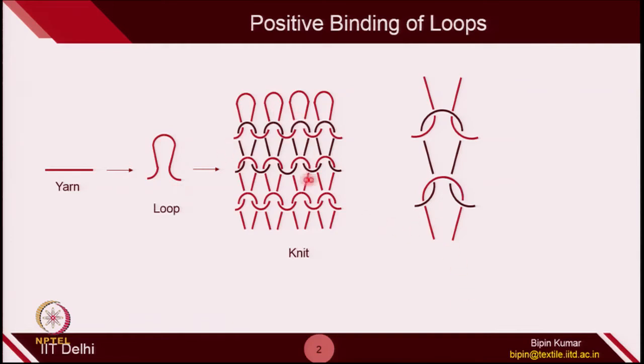The black loop has to be intermeshed or connected with the top loop and bottom loops at 4 points, 2 at the bottom and 2 at the top. So, there are 4 intermeshing points for a stable loop, 2 at foot and 2 at head.